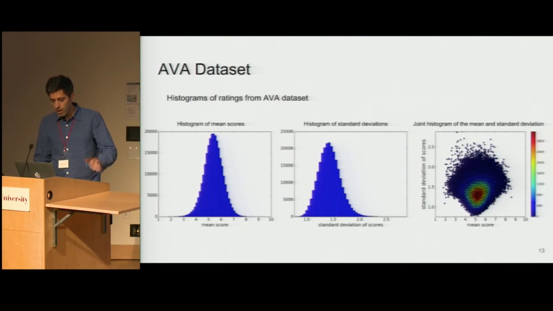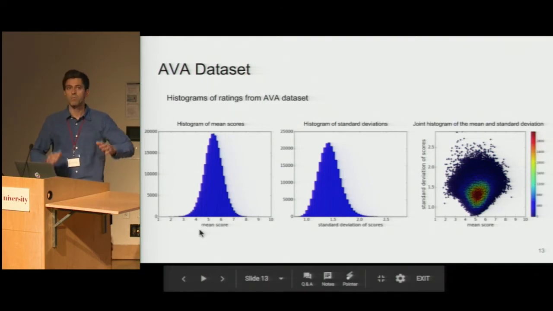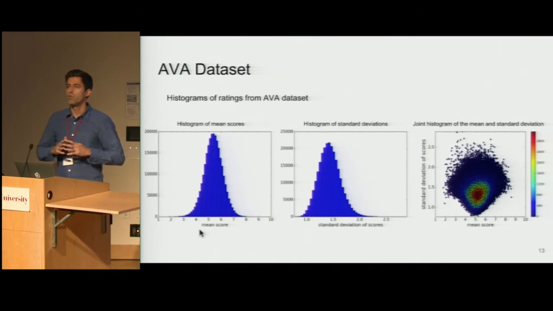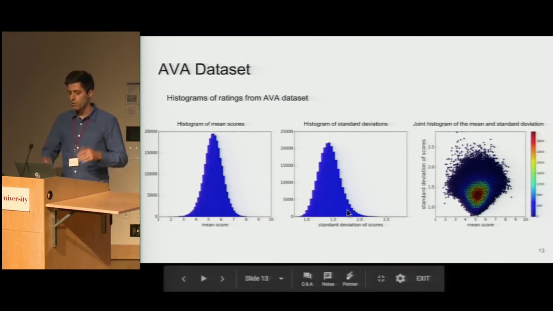These are histograms of mean score from AVA for the 250,000 photos. On the left, you see a histogram of mean scores. It's highly concentrated around 5.5 for a range of 1 to 10. The second plot shows the standard deviation of scores.